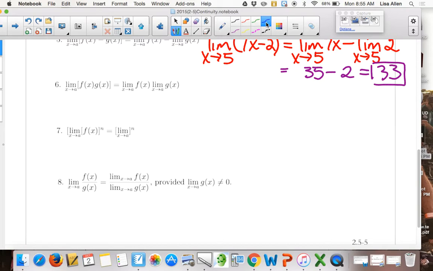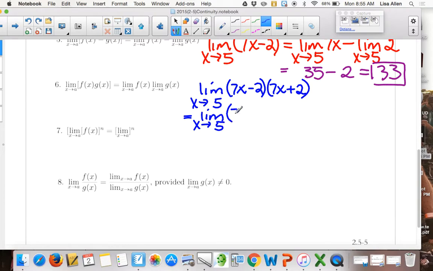If I said the limit as x approaches 5 of 7x minus 2 times 7x plus 2, and again, there are a lot of different things we could do with this limit, then this would be equal to the limit as x approaches 5 of 7x minus 2 times the limit as x approaches 5 of 7x plus 2.